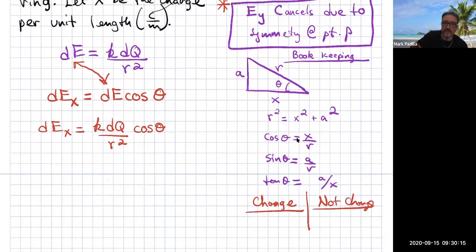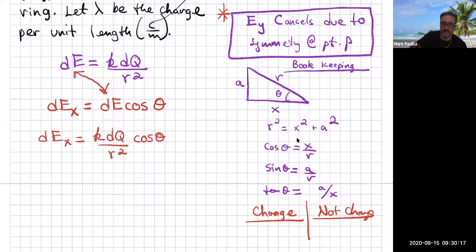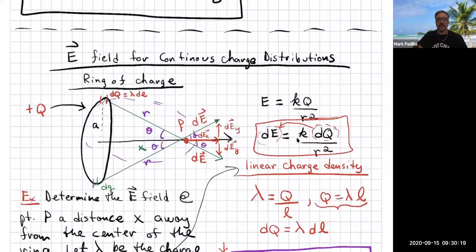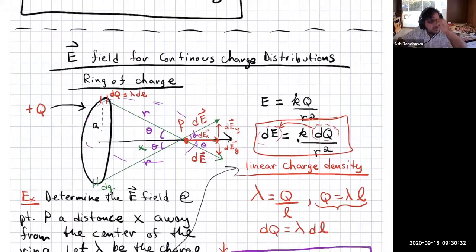And let's go look at the picture. You're integrating around the ring. As I integrate or add up dq around the ring, is the angle changing? No. Is x changing?